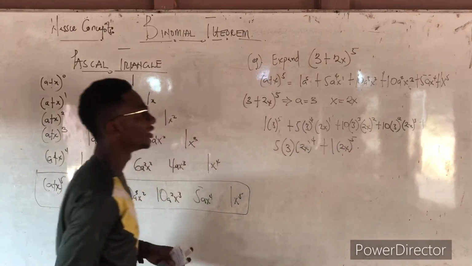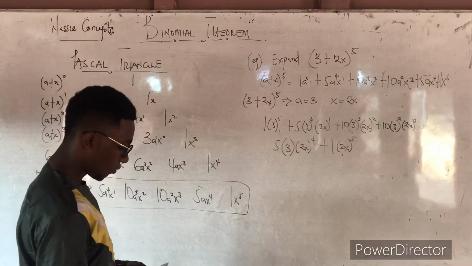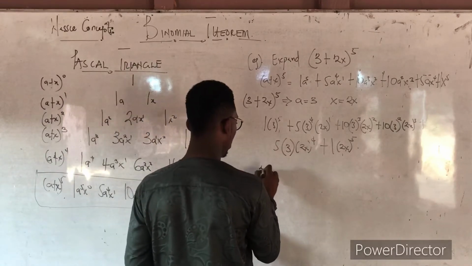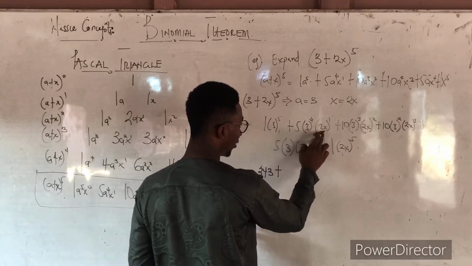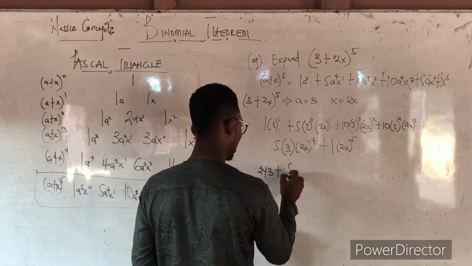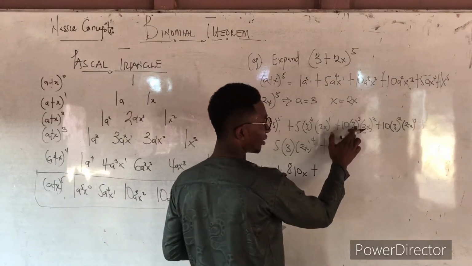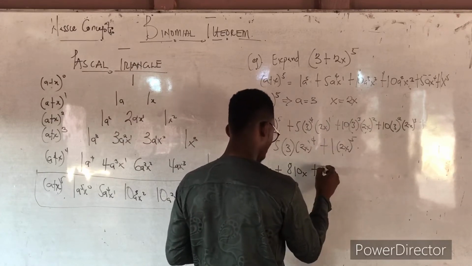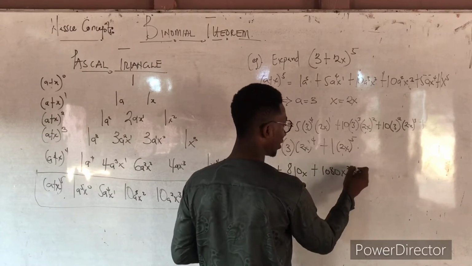Okay, so now we have to simplify this further down. When you do this, you are getting 3 exponent 5, which will give you 243, plus 3 exponent 4 times 5 times 2x, which will give you 810x, plus 3 exponent 3 times 10 times (2x) exponent 2. When you do that, you are getting 1080x squared.